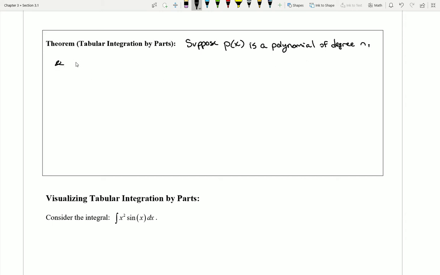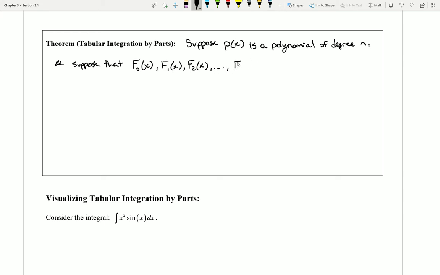And we'll also suppose that we're going to have a whole bunch of other functions here. So I'm going to write out a big list of functions. These are going to be our capital F functions. I'm actually going to number them off. I'm going to have f number 0, f number 1, f number 2, and in fact this list is going to go on and on and on for a while.